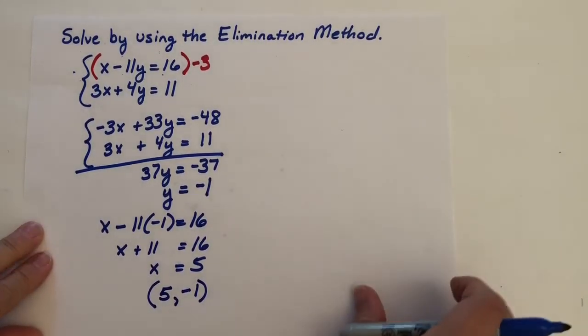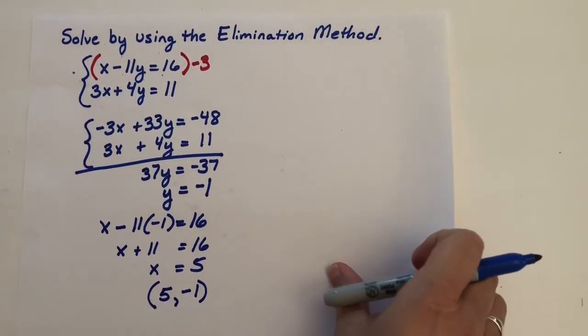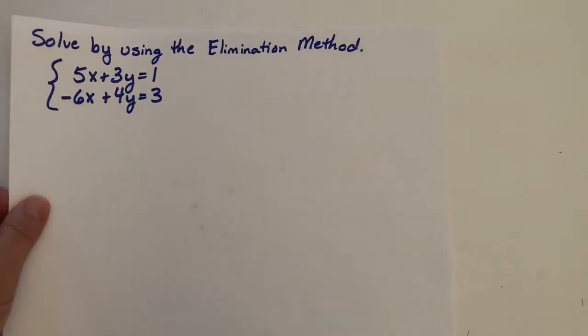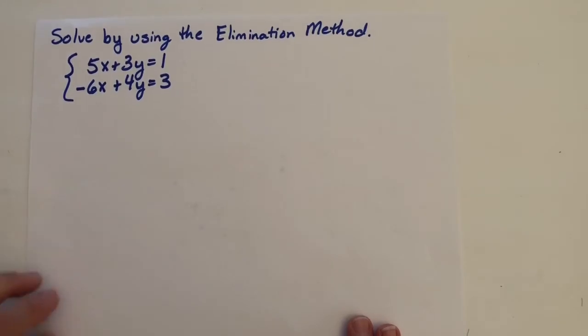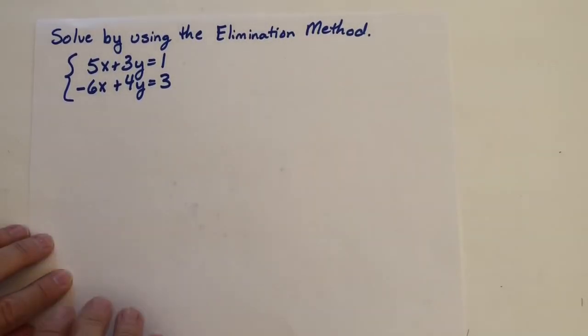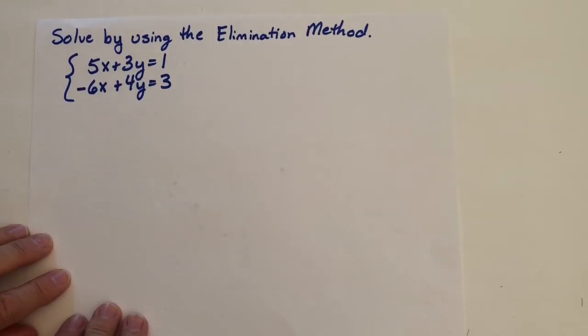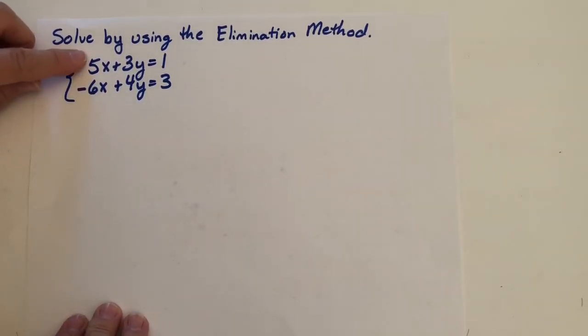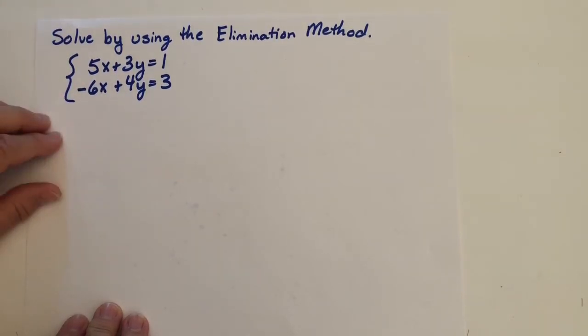And let's do one last problem using the elimination method. Remember, the goal when using the elimination method is to make the coefficients of either the x or the y become exact opposites.